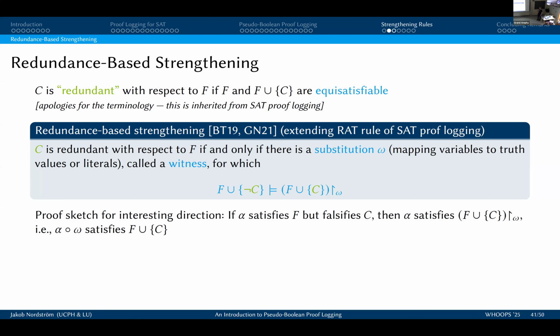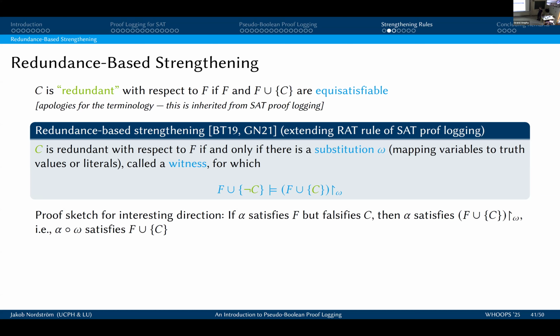The interesting proof direction is that if this condition holds, then I can add the constraint C to F and it won't turn unsatisfiable. What could happen?